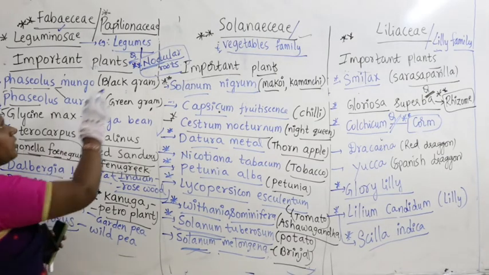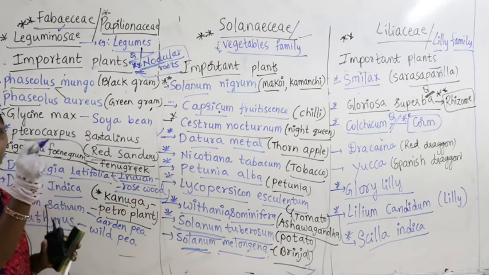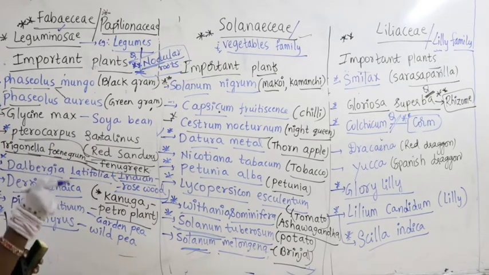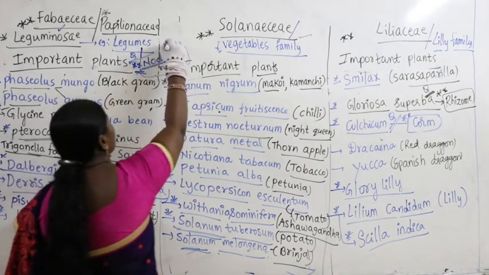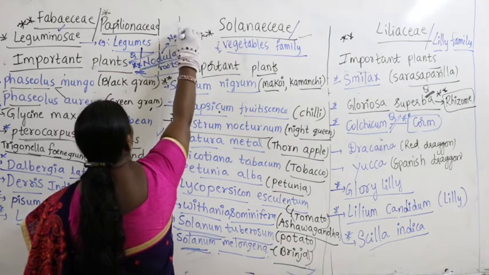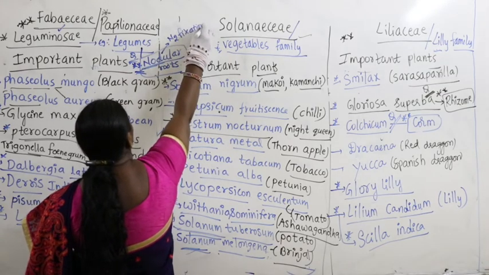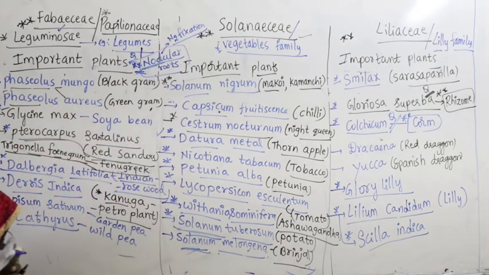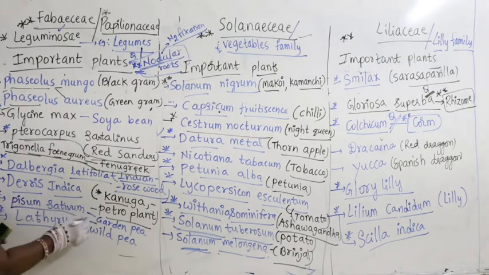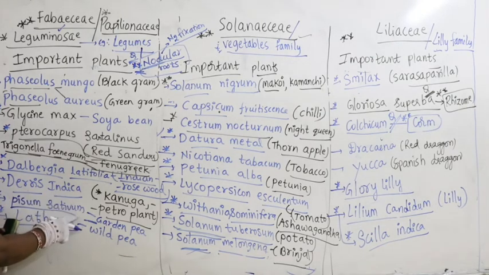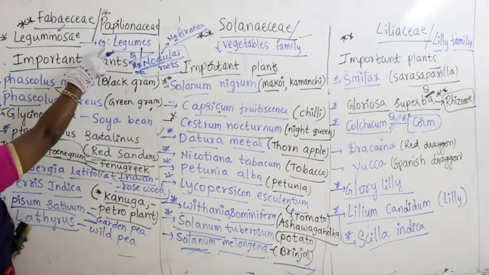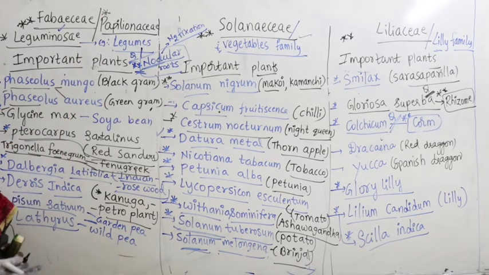Nodular roots means, you know it very well, the root contains nodules and these nodules help in nitrogen fixation. And what type of placentation? You remember Pisum sativum, garden pea and all that, you studied marginal placentation. So the type of placentation most commonly found in legumes is marginal placentation.